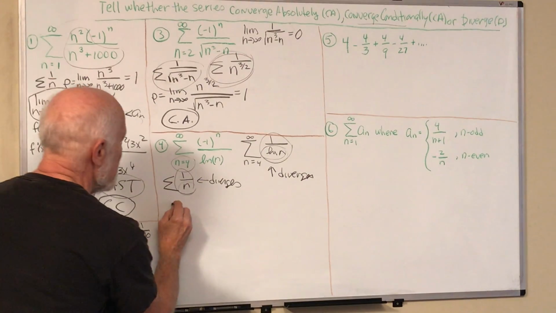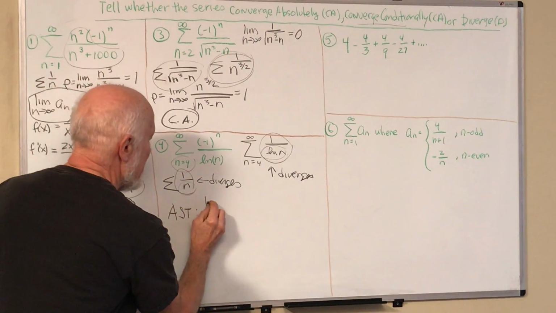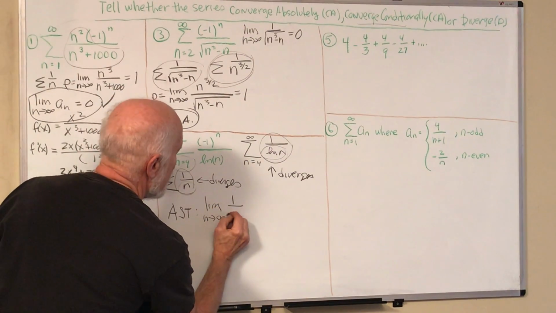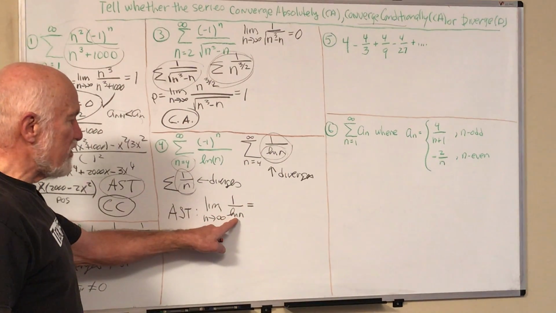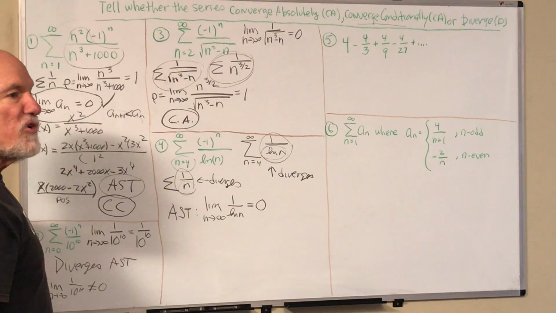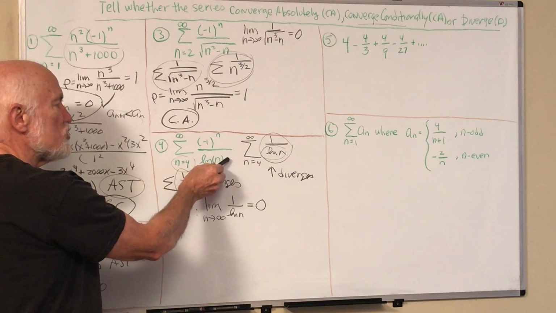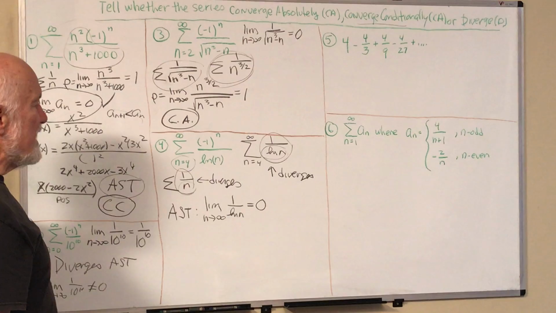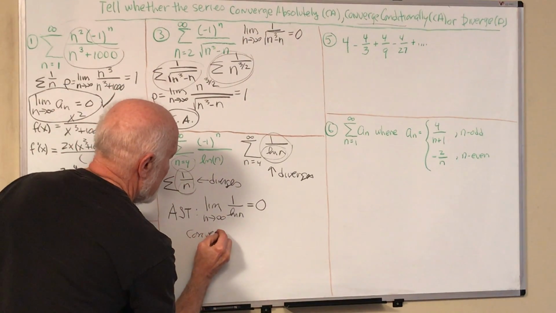But now we can go to the alternating series test and take the limit as n approaches infinity of 1 over the natural log of n. And even though it grows slowly, this does go to 0. So by the alternating series test, especially if I don't make you show that these terms get smaller and smaller, we can say that it converges conditionally.